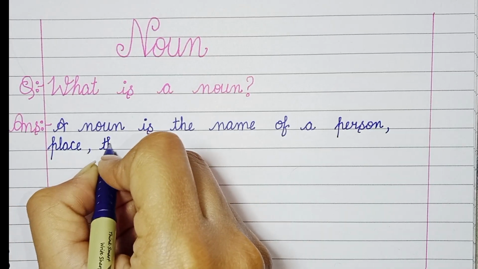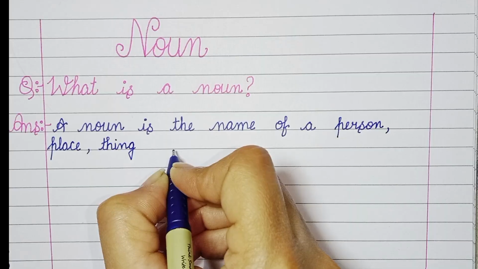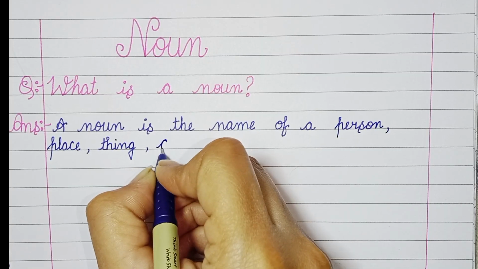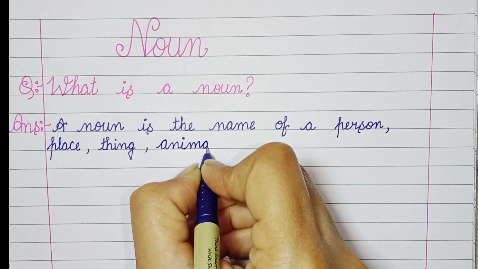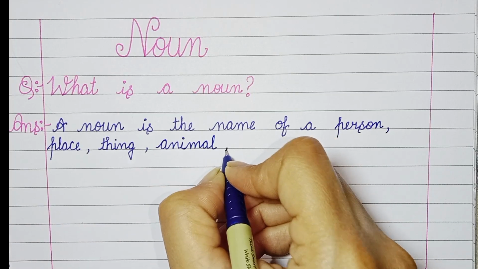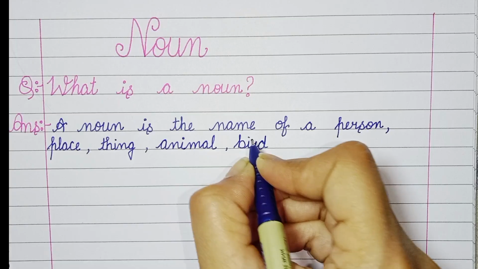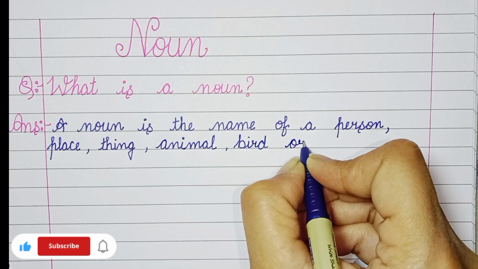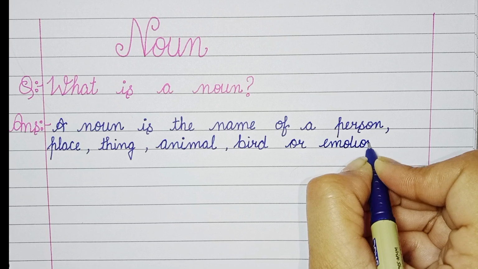A noun is the name of a person, place, thing, animal, bird, or emotion. I repeat it again.